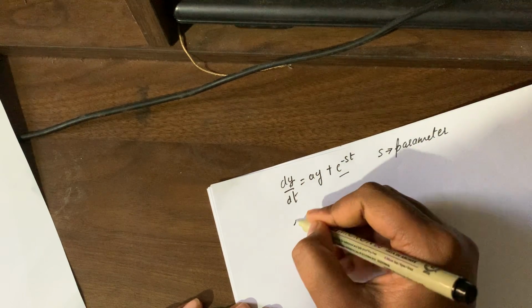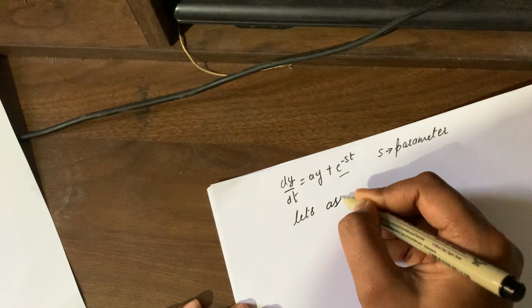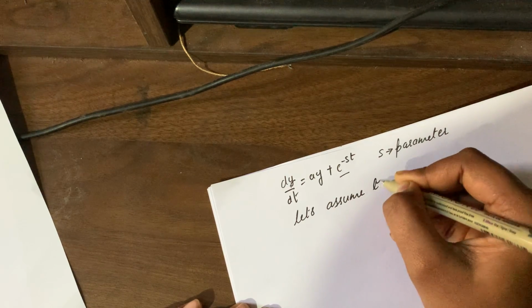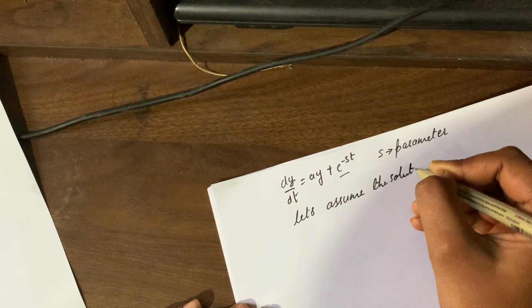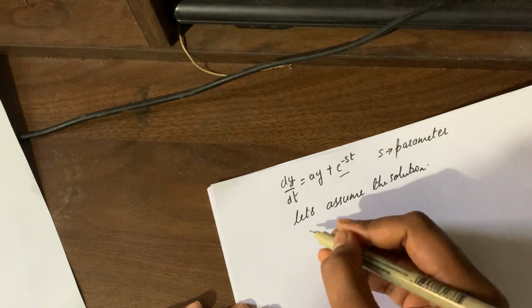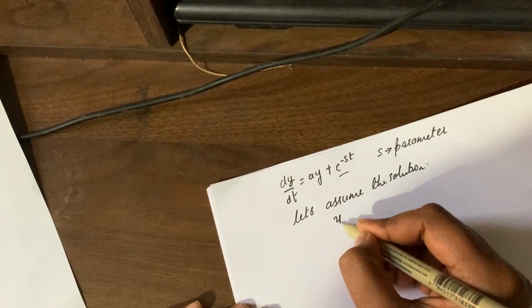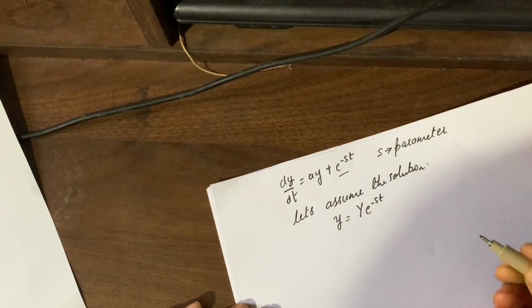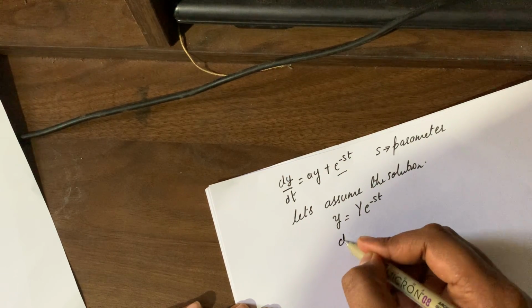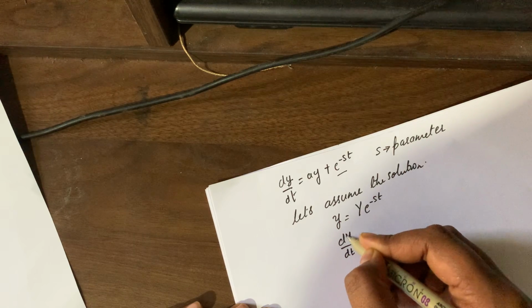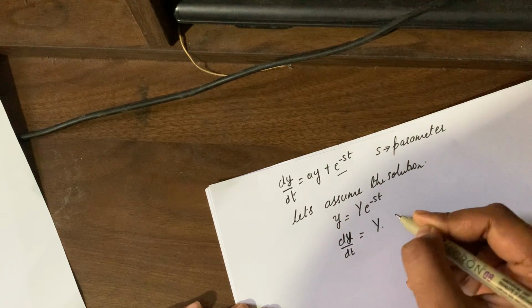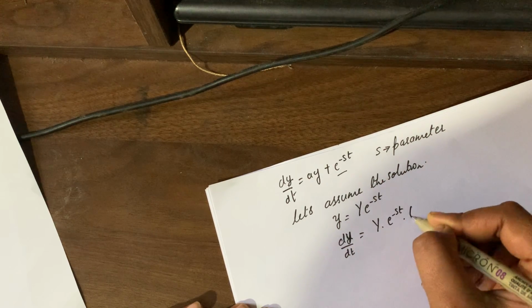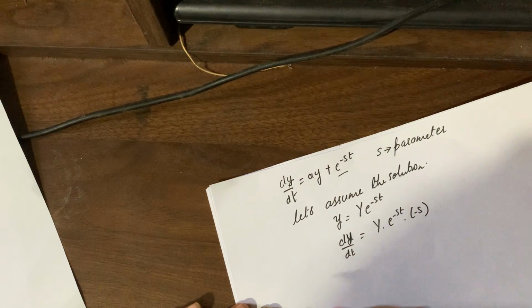So let's assume the solution for this equation y will be capital Y e to the power of minus st, right? So let's assume this. So dy by dt will be capital Y dot e to the power of minus st dot minus s, correct?